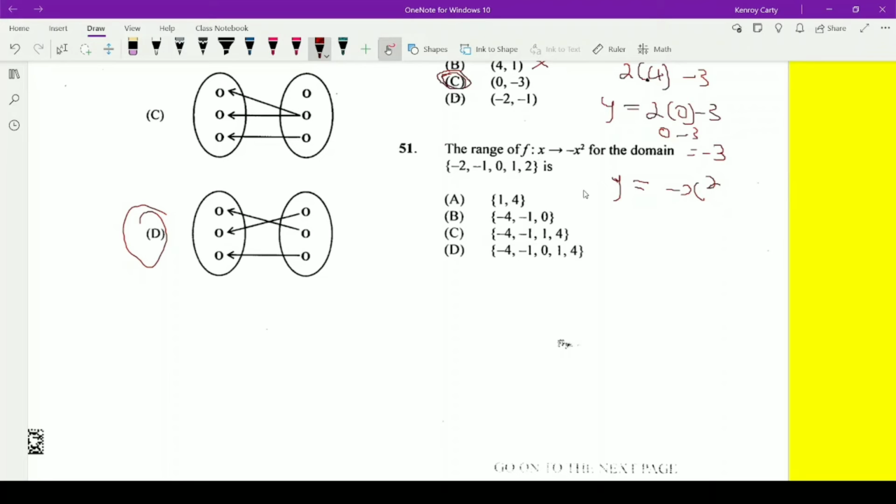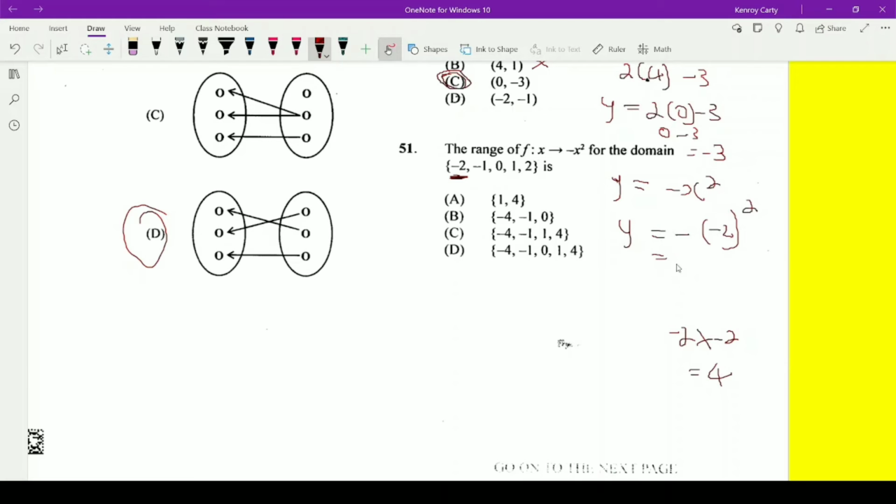Now, what would be interesting is that there's a minus sign here. So when I put in the first value, which is minus 2, I'm going to have y equals minus, and then the minus 2 goes in a bracket, squared. Now, as you know, (-2) squared is really -2 times -2, which is positive 4. So whatever we get in the bracket is going to be positive, but you have to remember that there's a minus sign out front.